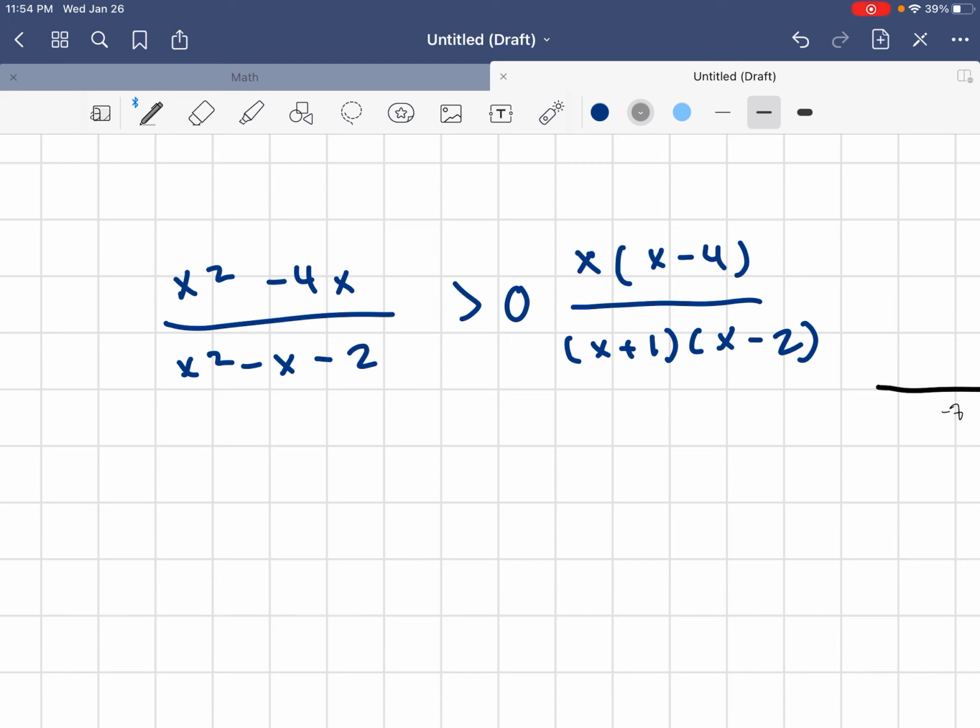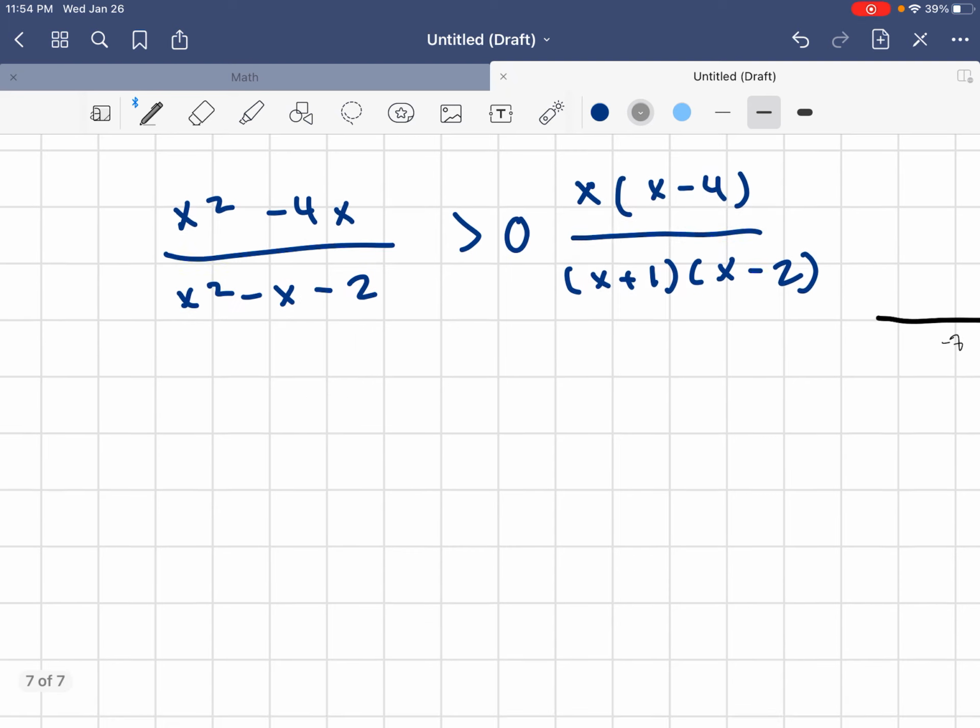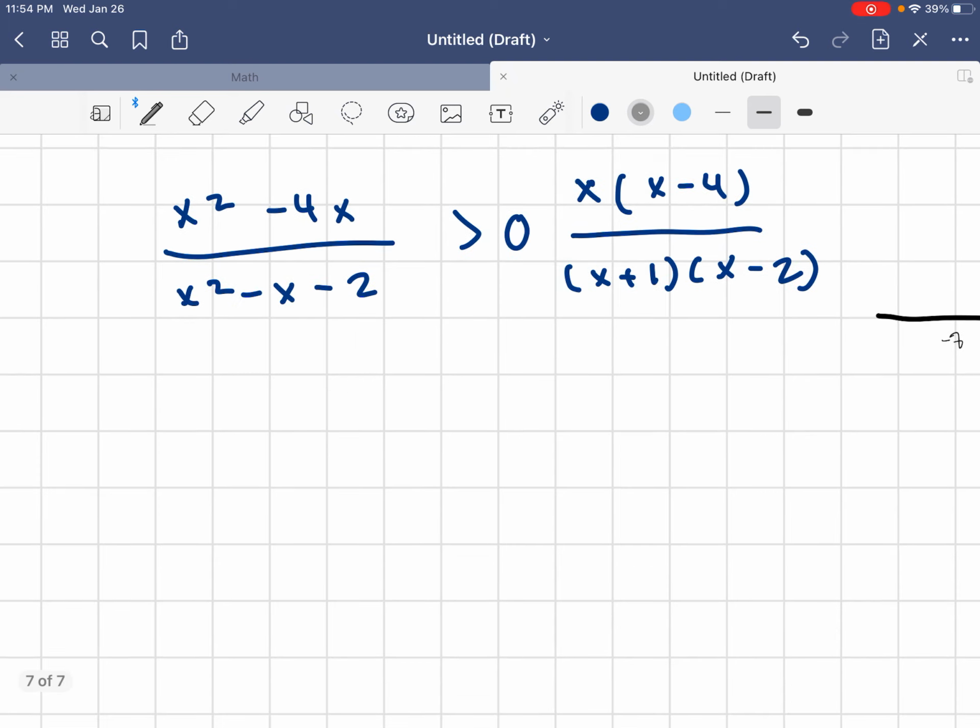Doesn't look like we can cancel anything out. Okay, well, let's keep going and see if this will be any use to us. It'll be useful when we try to plug in x because we just know the top will just be 0 for the y-intercept.